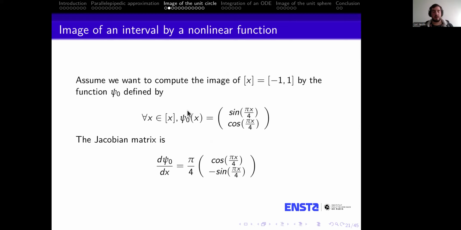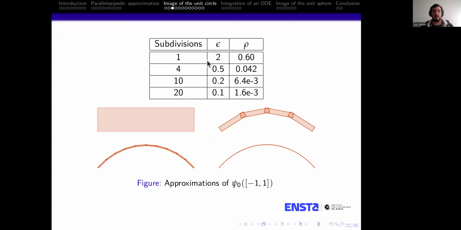This function, I can describe its Jacobian matrix. And with these two pieces of information, I'm able to construct, with the method that I presented earlier, a parallelepipedic inclusion. I can either take the whole interval -1, 1 as one single interval and get the result here, or I can subdivide this interval into 4, 10, or 20 intervals.